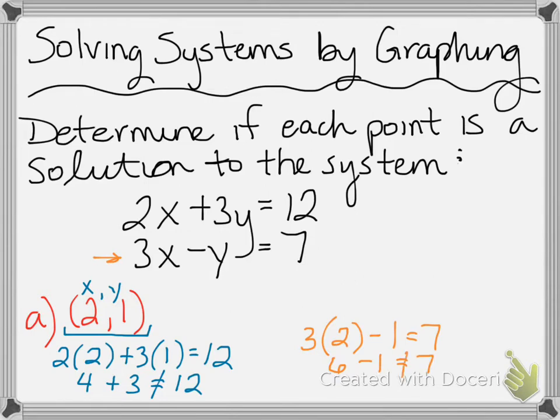No, it does not. It equals 5. So because it is not true, neither of these equations is true. In fact, both of them are false. That means that it is not a solution. So your answer to this problem, determine if it is a solution, would be not a solution.